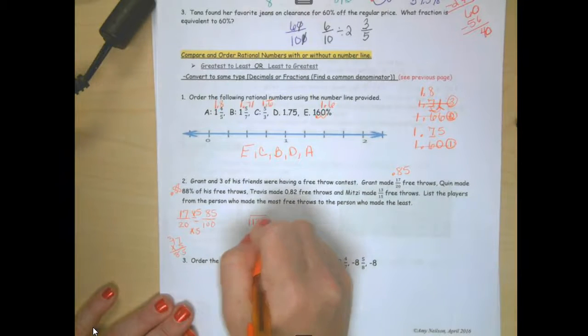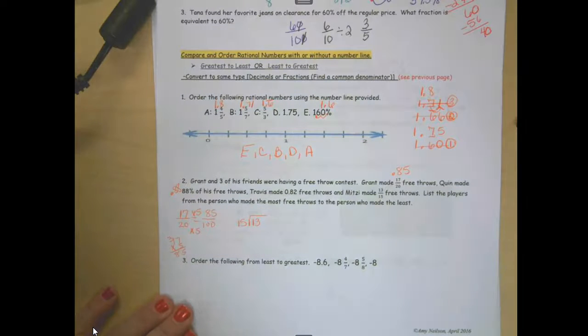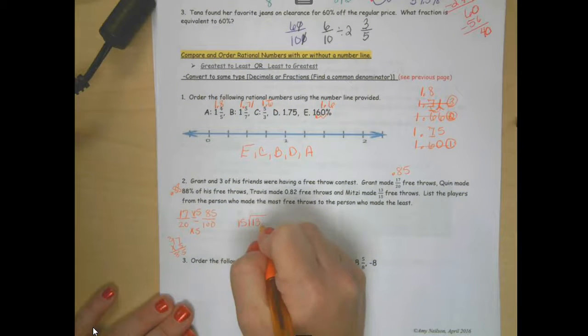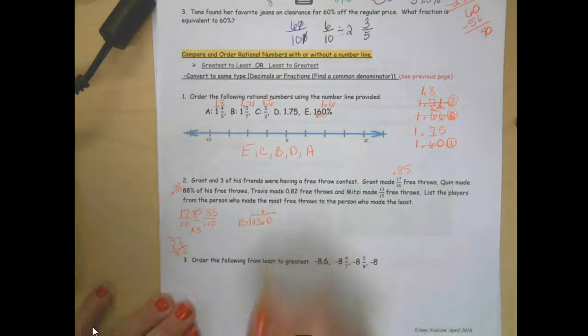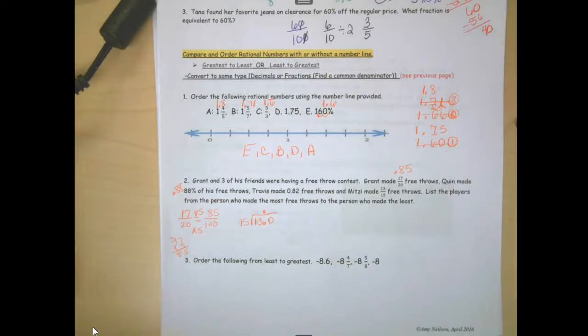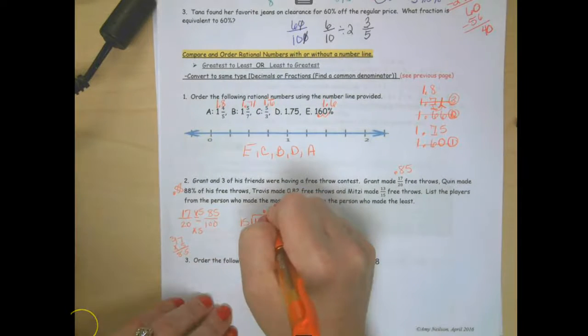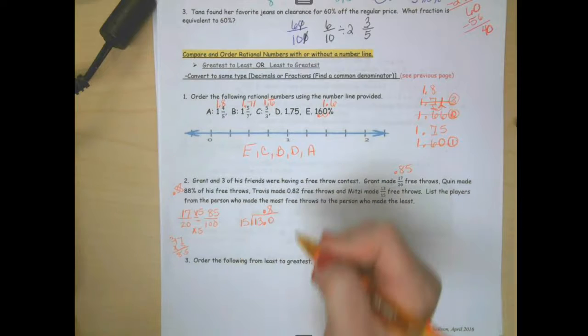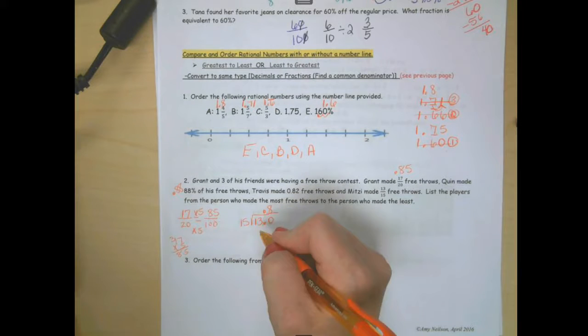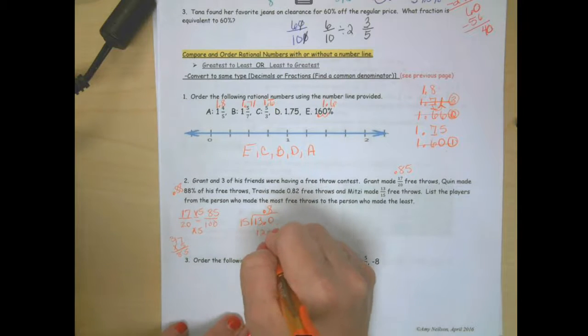13 divided by 15. 15 will not go into 13, so I'll add a decimal, add a 0, and bring my decimal up. 15 times 8 is 120.